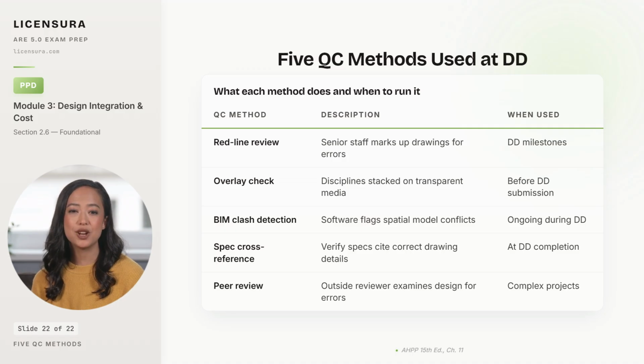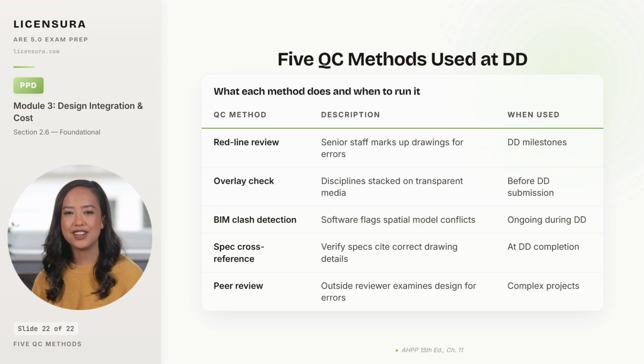An independent peer review on large or complex projects brings an outside reviewer to examine the design with fresh eyes, which is the only way to catch errors the project team has gone blind to. A separate code compliance checklist at DD start and end runs through IBC, ADA, ANSI, and the Energy Code to confirm nothing has drifted out of compliance.